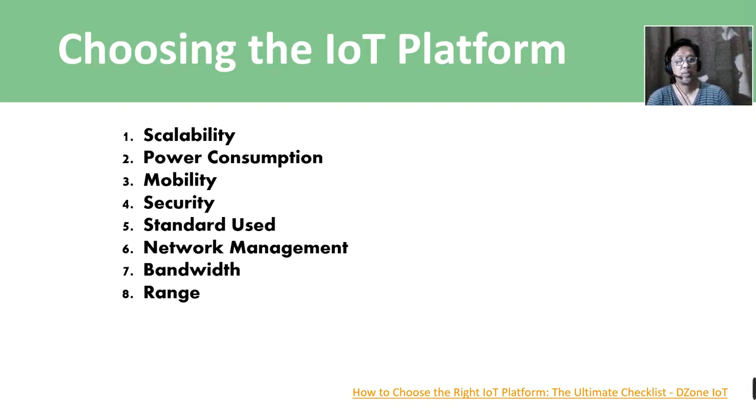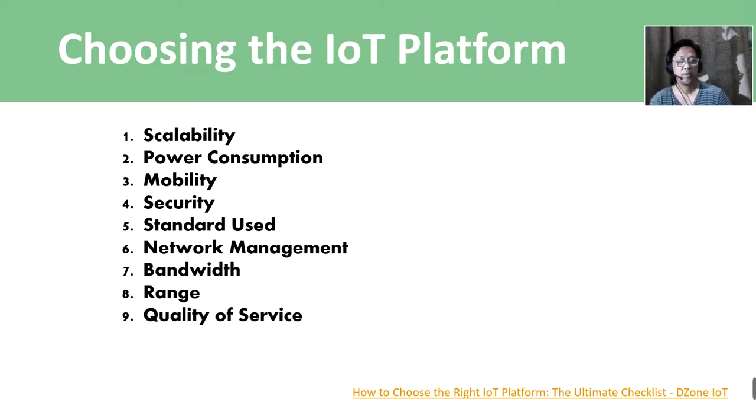Do you require it to be long range? Do you place your different applications in different places? How far will they be from each other? How far will your application be from your server? And those considerations.